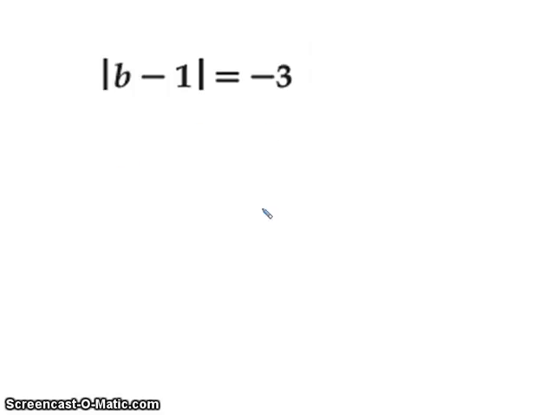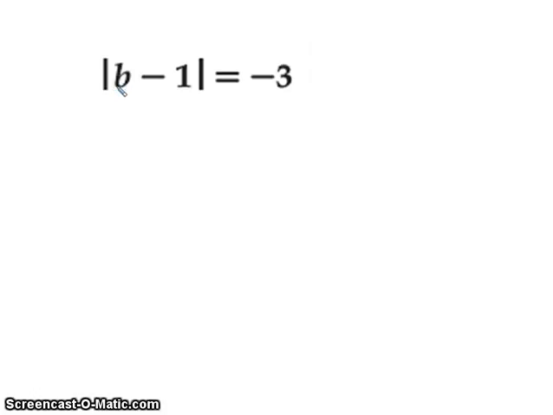Take a look at this problem. Do you see an issue with this? Is there anything that we can put in for b that will make this equation true? If I put 4 here, I get 4 minus 1 is 3, and the absolute value of 3 is not equal to a negative 3.